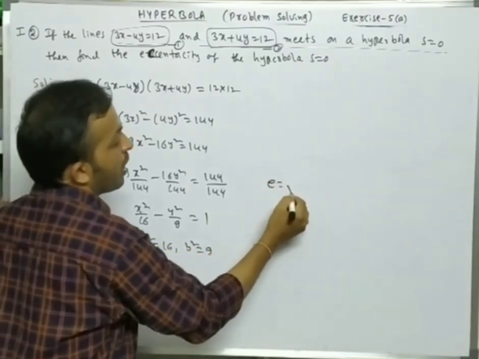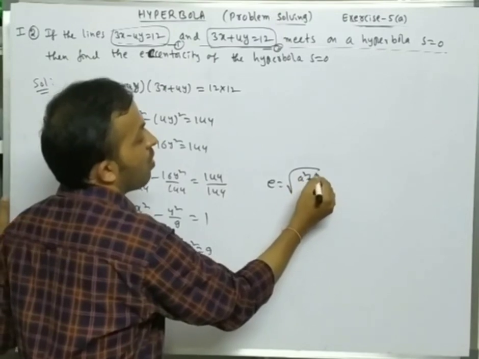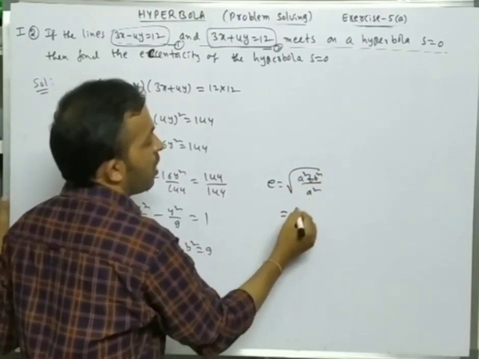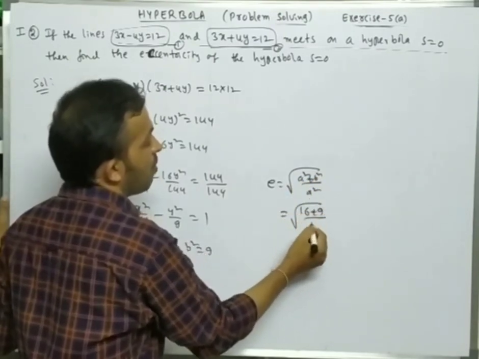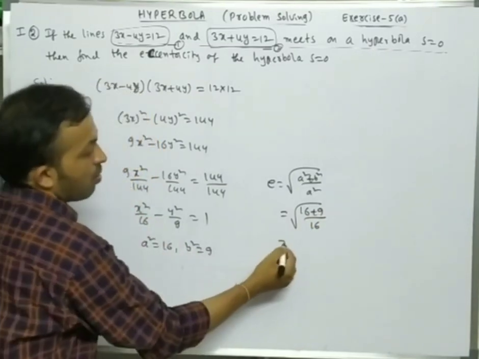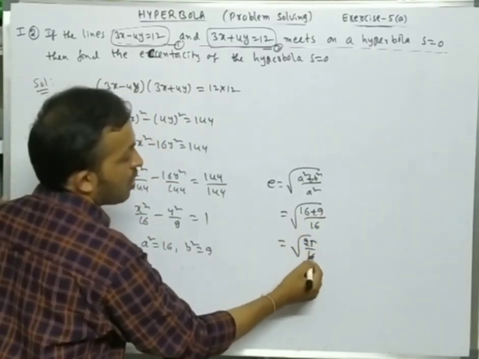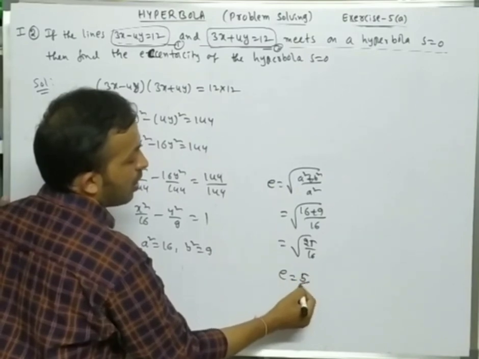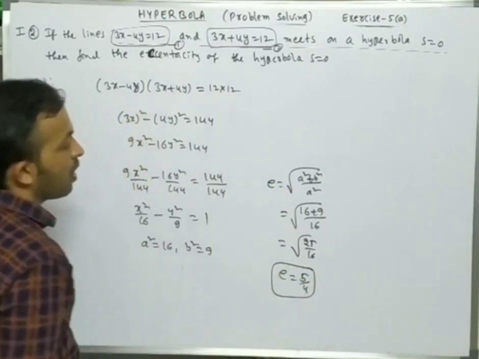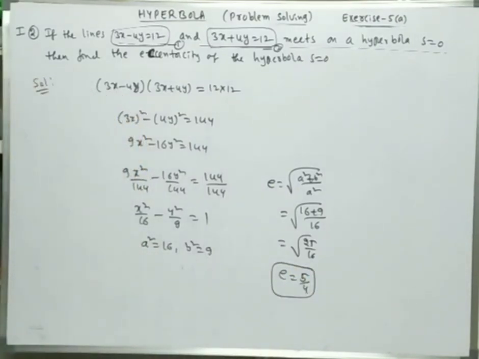Now the question is the eccentricity. Under root of a square plus b square by a square, that is 16 plus 9 by 16, so root 25 by 16, therefore the eccentricity is 5 by 4. Like this we can find the eccentricity when lines meet on a given hyperbola.